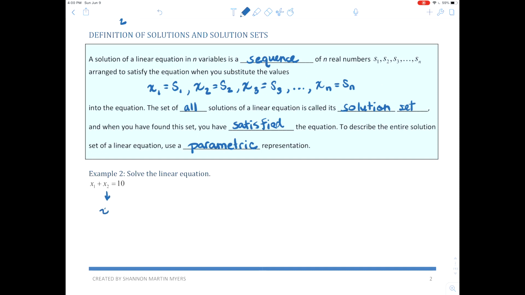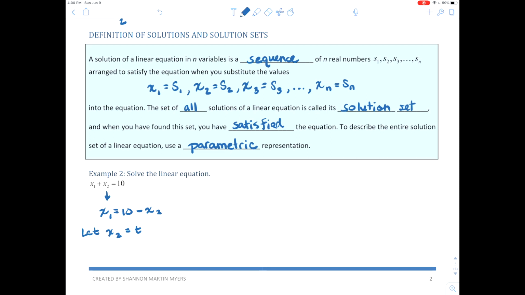Well, if I isolate x1, I will get 10 minus x2. Good so far? All right. So if I now let x2 equal t, another convention is if you only have one parameter, we often name it t, or I often name it t.